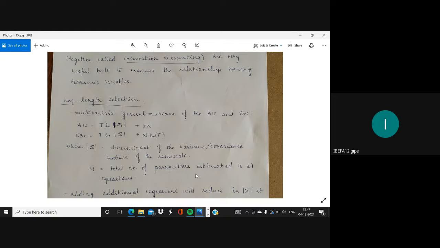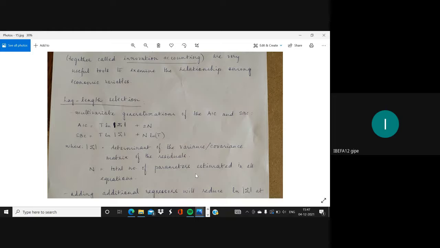Okay. If you remember the structure, basically you will have n intercept terms. Then you will have your A1, which is an n by n matrix, and there could be p lags of those variables in your VAR model. So because of this, you'll have n plus pn square. So that is the total number of parameters in your VAR model.